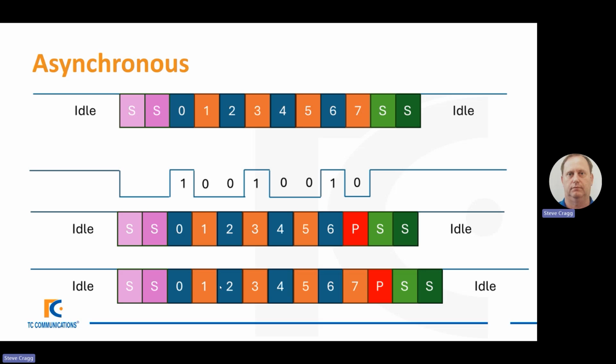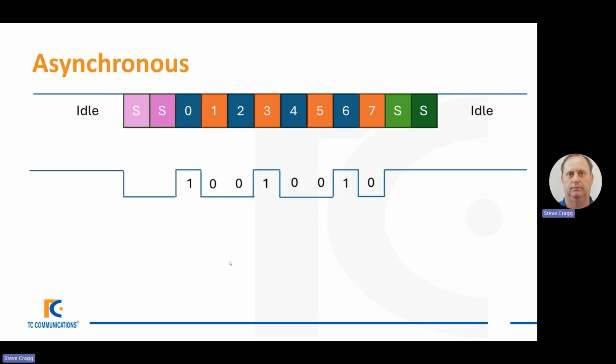So that's all well and good. And we mentioned the fact that we have this idle time at the beginning, and you can send the data and everything looks fine. But what happens if, for example, the transmitting one sends at a slightly slower rate than is expected?